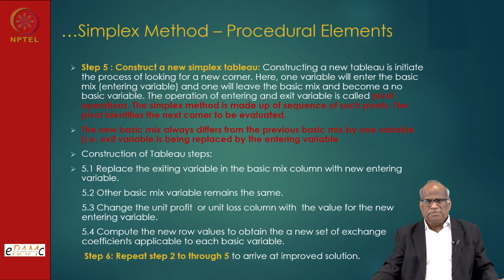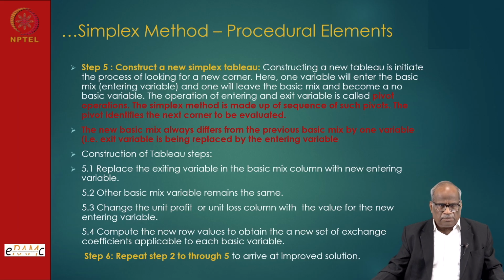The simplex method is made up of a sequence of such pivots. That pivot identifies the next corner to be evaluated. That's why I have marked it. These are the turning points in the simplex method. The new basic mix always differs from the previous basic mix. Yes, it will not remain the same because the entry and exit variables are different. One variable, the exit variable, is being replaced by the entering variable.